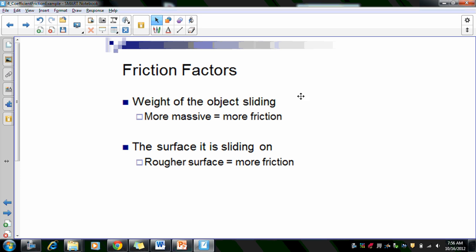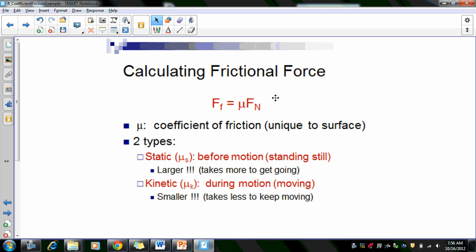So how would we use these two factors in an equation for friction? It looks like this. First of all, don't freak out with these little symbols that look really strange. It's really not that bad. We've seen F_f, right? F_f is the frictional force.